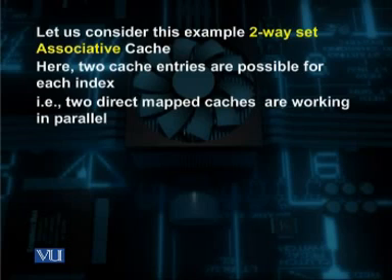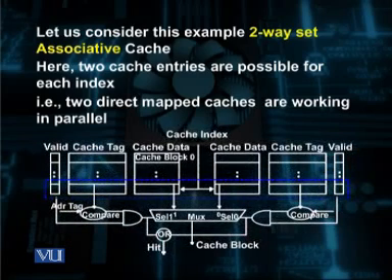Here, two cache entries are possible for each index, that is, two direct addressed caches are working in parallel here. Here you can see that a direct map cache is on the left-hand side as well as on the right-hand side of the line showing the cache index.